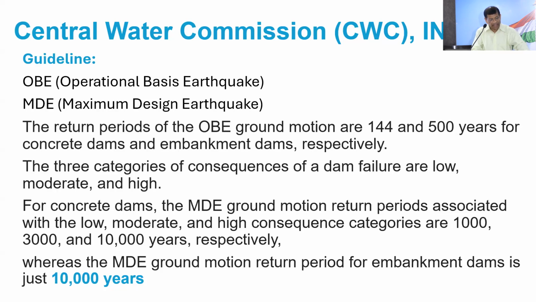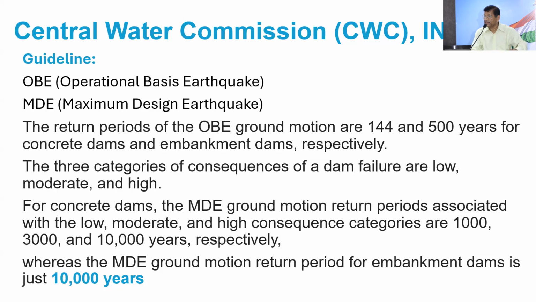But for the MDE, the maximum design earthquake, the return period, again they have a classification: low, moderate and high. I was trying to see what their classification is, but I couldn't find it. You may look into the literature; somewhere they say high means, like the CDA, they have guidelines for high, moderate, low. For high, it is 1,000, 3,000 and 10,000 years for concrete dam.